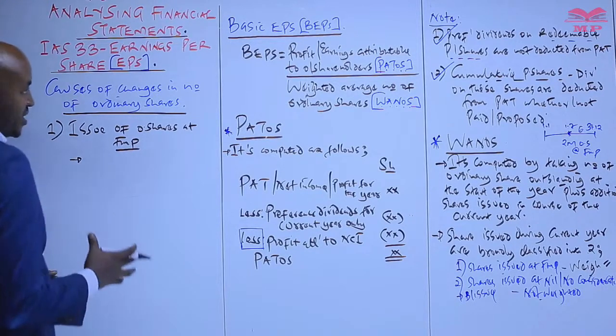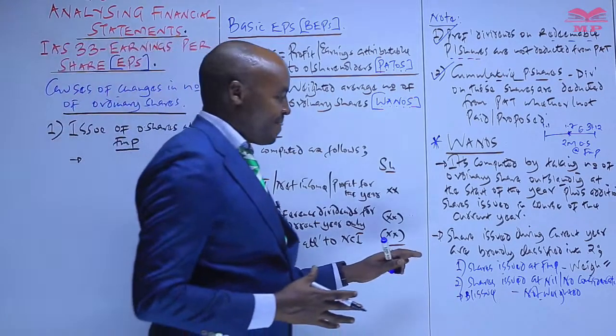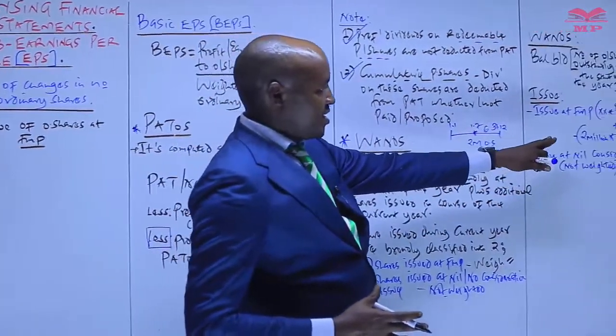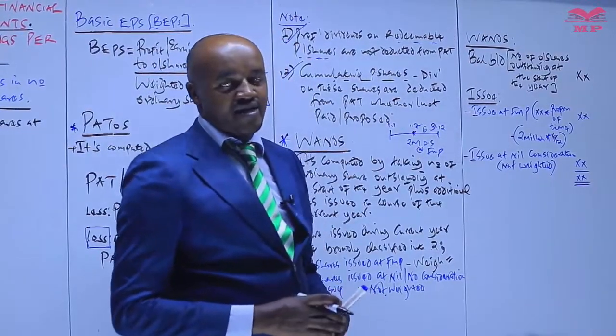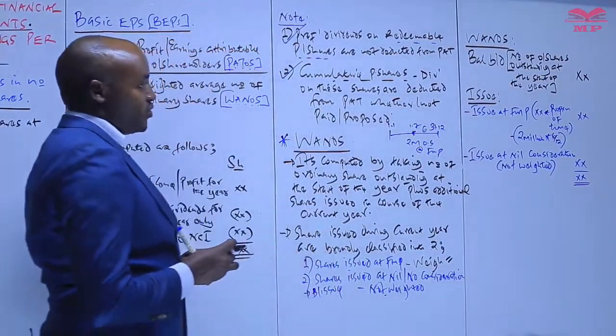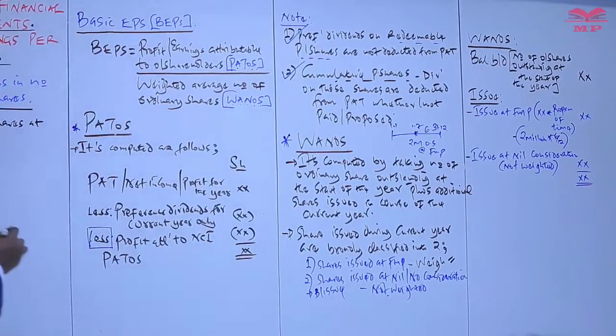Now, for these particular shares, there is something we have said here: that always those particular shares are supposed to be weighted, or multiplied with the proportion of time they were held.